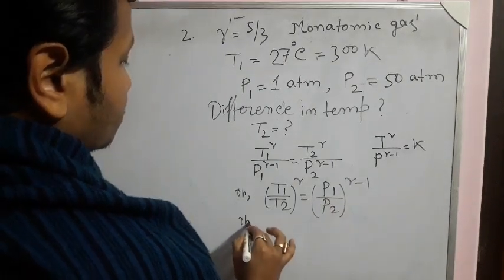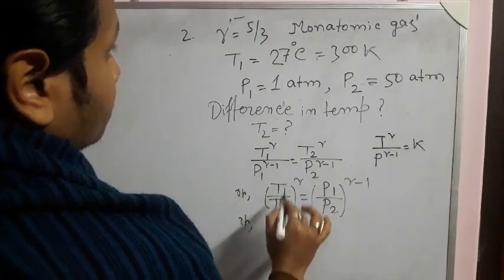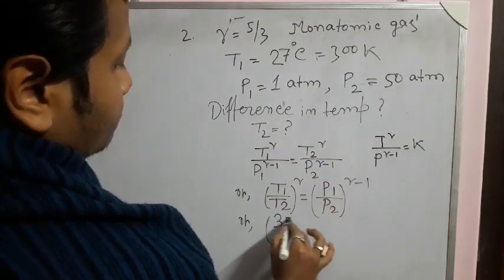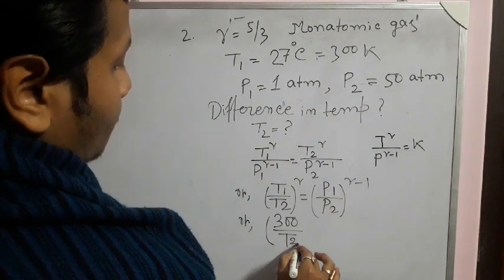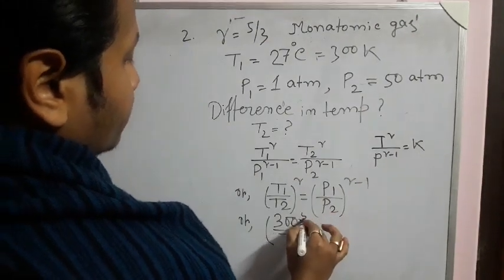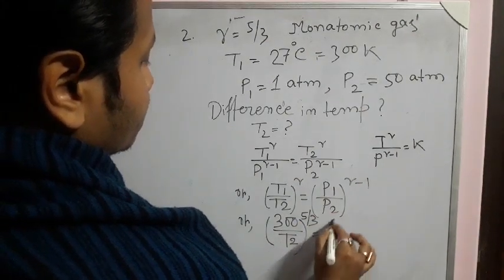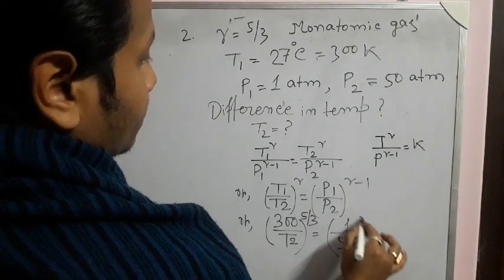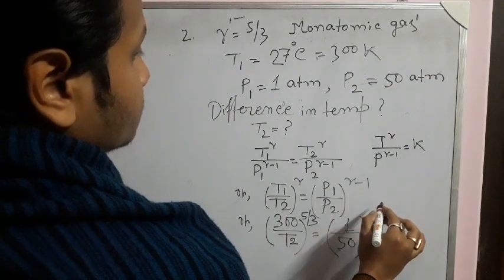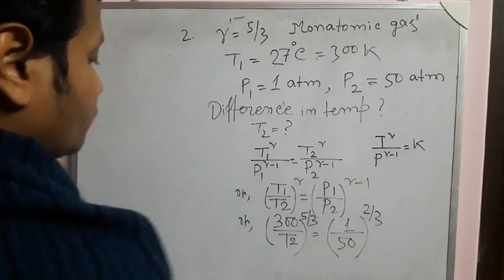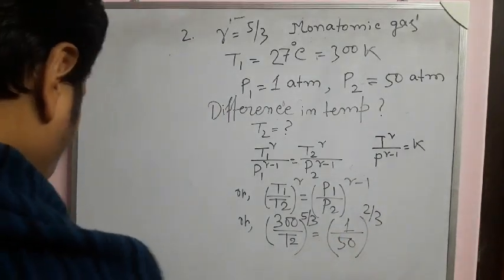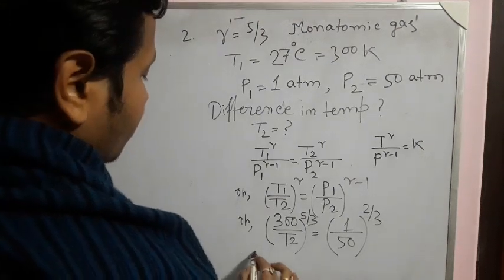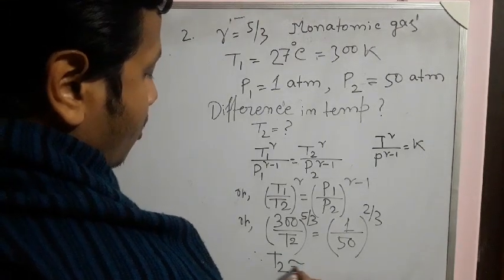So substitute all the values. T1 is 300, that is T2, and you put gamma 5 by 3, that is 1.66. P1 is given 1 and P2 is given 50, and 5 by 3 minus 1 is 2 by 3.